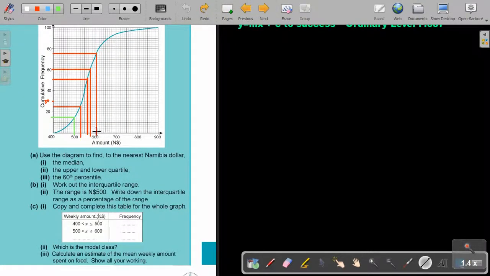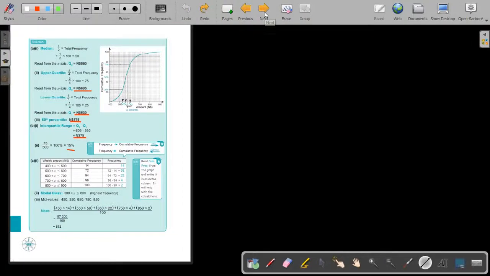Let's go back. At 600, do the same, draw a line at 600. Where it cuts the graph, just go like this. It's going to be 70, it looks like 72. Let's just see. There, 72. Can you see that?